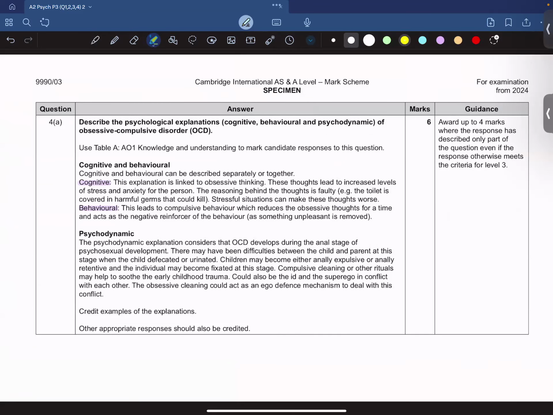While discussing this particular question, I would also try to revise the psychological explanations of OCD. This particular question is question number 4, and this has been picked up from the specimen paper that could be used for papers from 2024 onwards. This is paper 3.